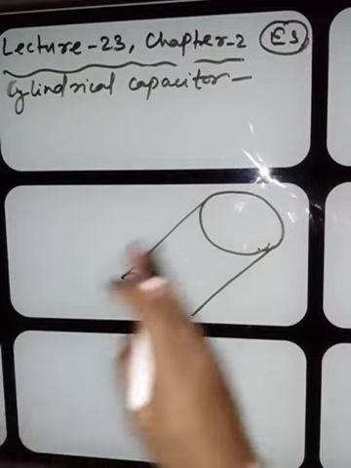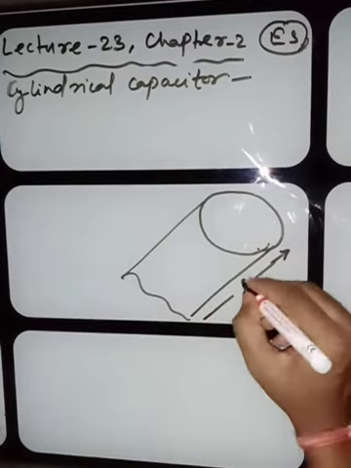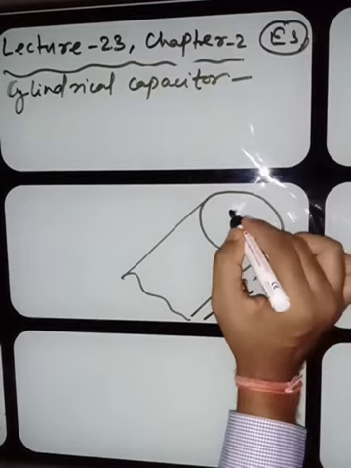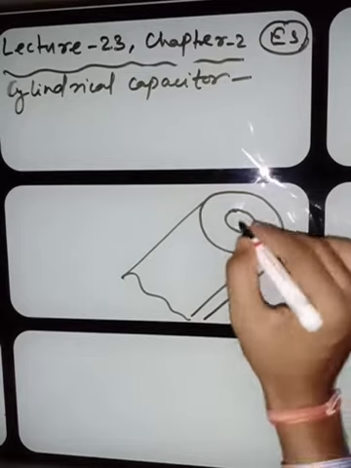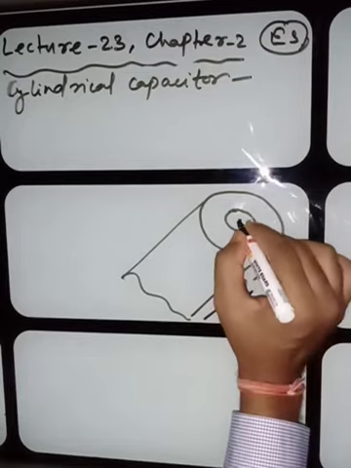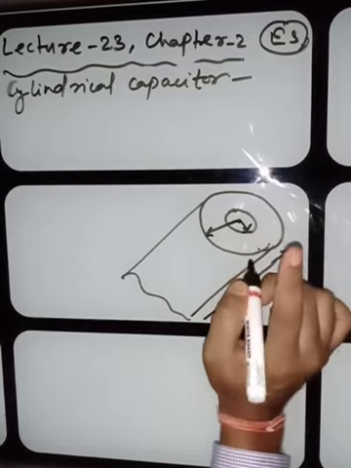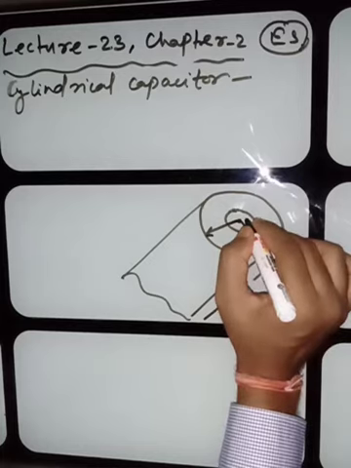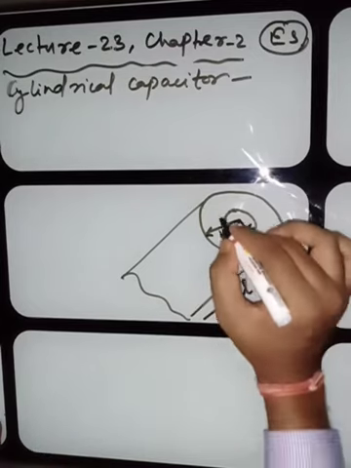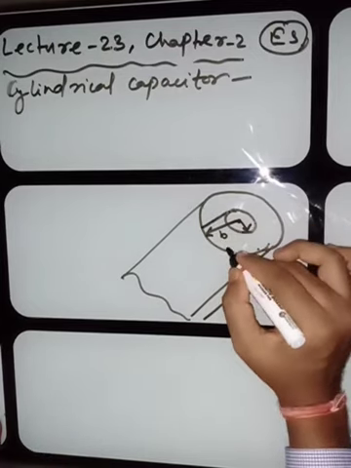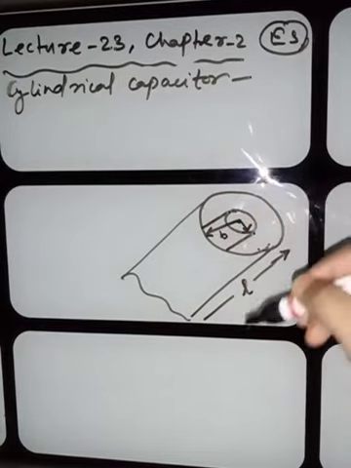This is very long, remember, and this length L is much larger than the radius of the two cylinders. Here we are using two cylinders, suppose the radius of the inner is A and the outer is B. This is the inner cylinder and this is the outer cylinder.